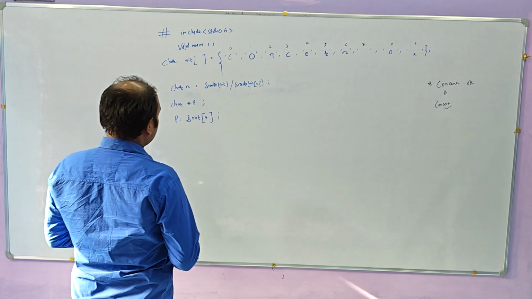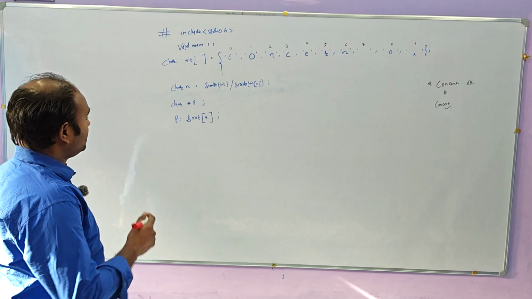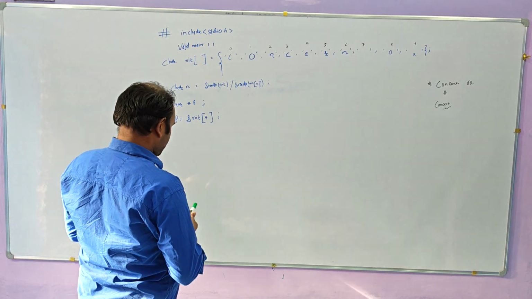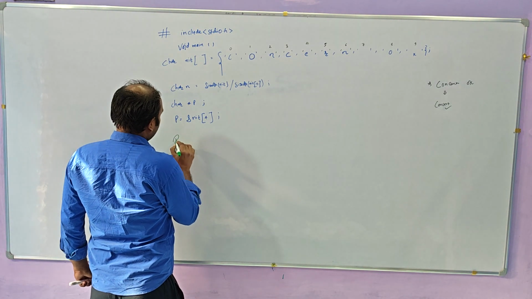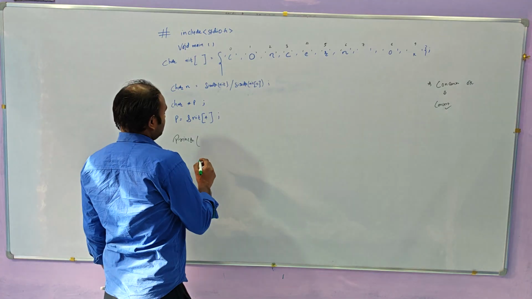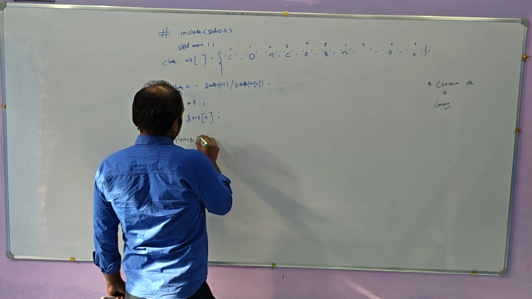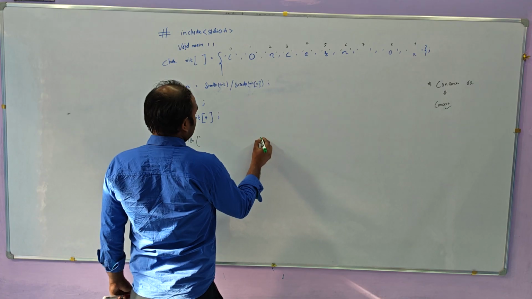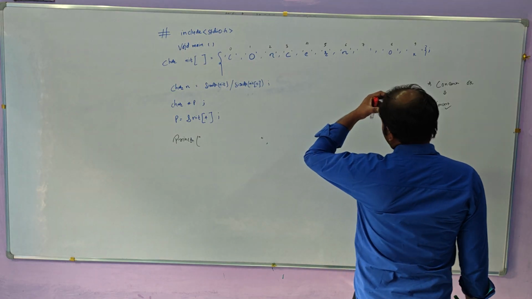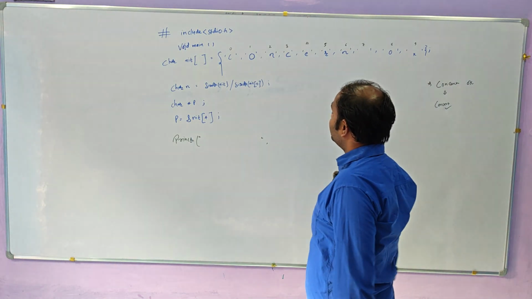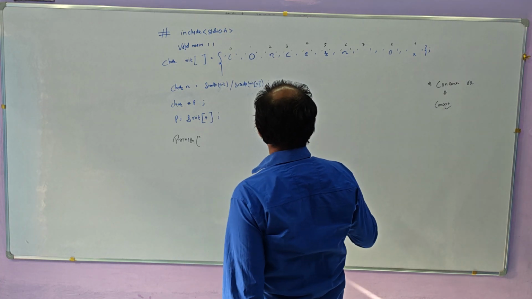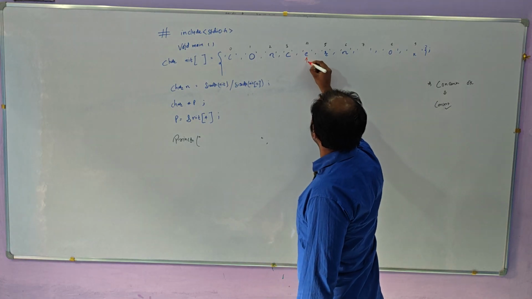So printf, here we just leave it with printing the value. So firstly p is going to point to this location.